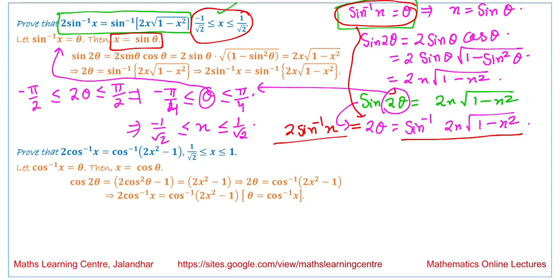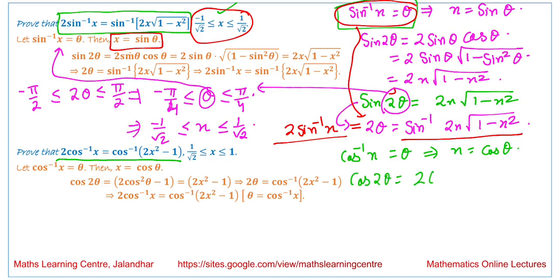Next we have to prove that 2 cos inverse x is equal to cos inverse of 2x square minus 1. So we assume cos inverse x is equal to theta. This implies that x is equal to cos of theta. Now if we write the formula for cos 2 theta, that is equal to 2 cos square theta minus 1, we will get 2x square minus 1.